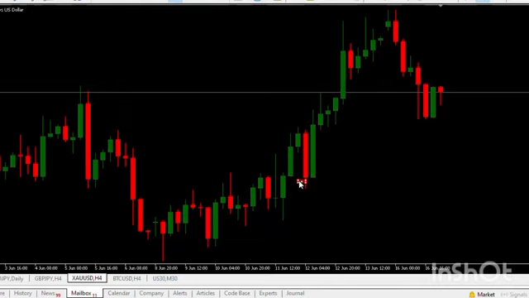So how do we really understand better which one is exhaustion, which one is engulfed? Having been able to identify the engulfed candle, just like what I was saying, this very green one, because it was bigger than the previous red, becomes a bullish engulfed candle because it has overshadowed this red.